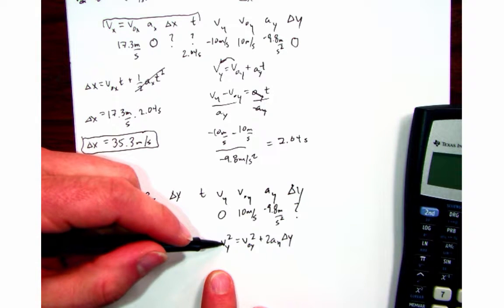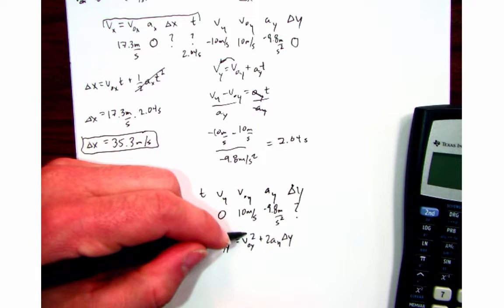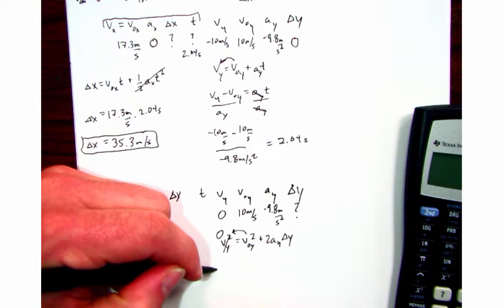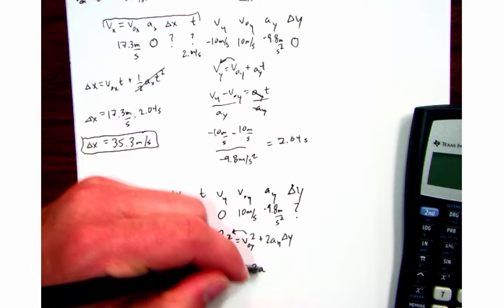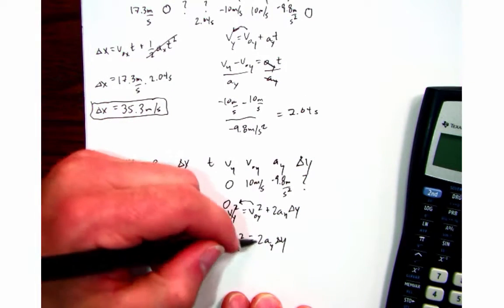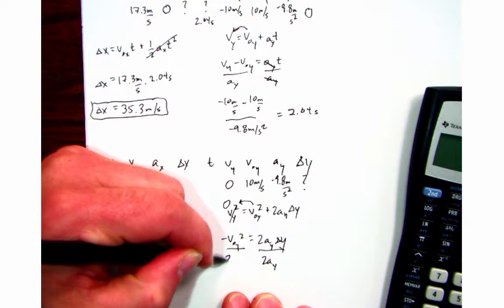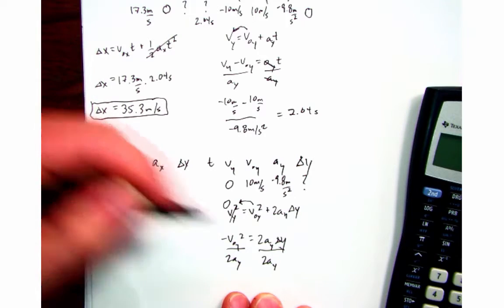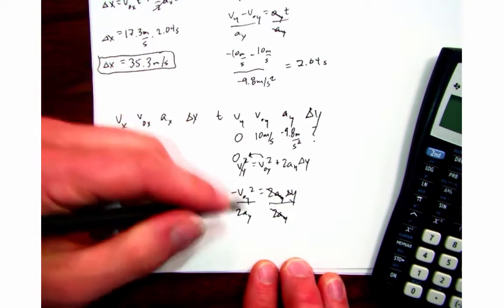Vy squared is going to be 0. I'm going to move v naught y squared across, so I have negative v naught y squared equals 2a y delta y. And then I'm going to divide both sides by 2a y. So cancel that out, and now I put my numbers in.